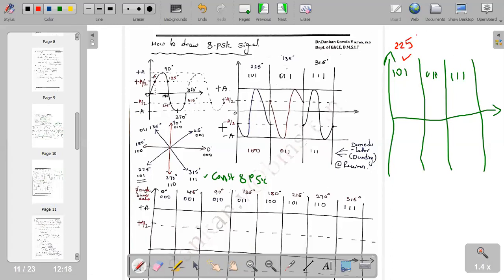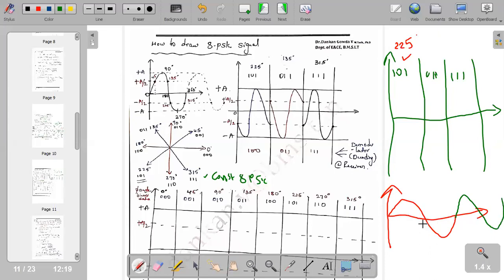Now what is 225 degree? Just observe in a phasor diagram. This is most important, please understand. In a phasor diagram, this is your signal, a pure sine wave with 0 degree phase shift. I'll just extend one more cycle here.